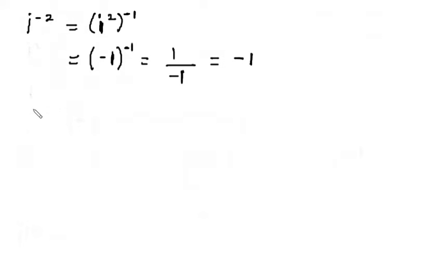If we were to solve something like i to the power of minus 9, this is equal to i to the power of 9, and then we have minus 1 outside. i to the power of 9 can be broken down into simpler forms: open bracket i to the power of 4 times i to the power of 4 times i, and then we have minus 1 here.